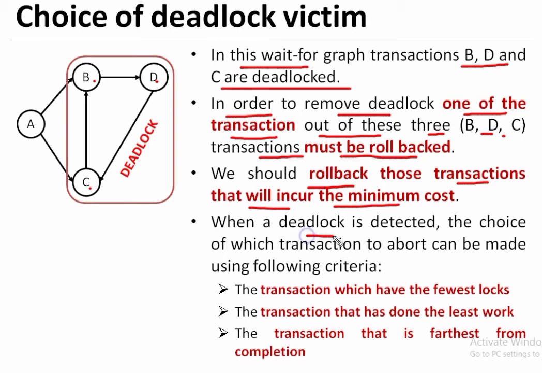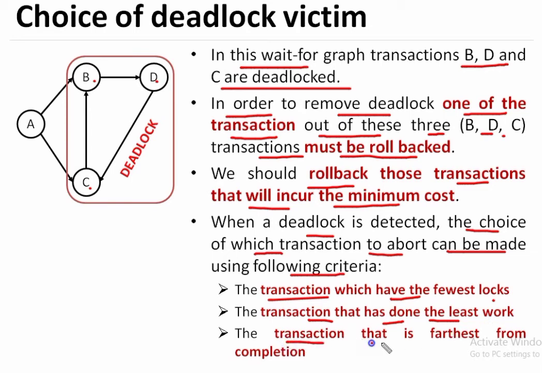When the deadlock is detected, the choice of which transaction to abort can be made using the following criteria. The transaction which has the fewest locks, the minimum locks. The transaction that has done the least work, because there is minimum work done by that particular transaction, such a transaction we can abort.